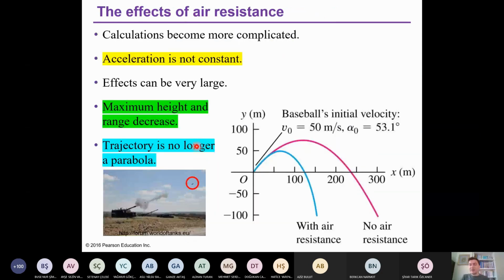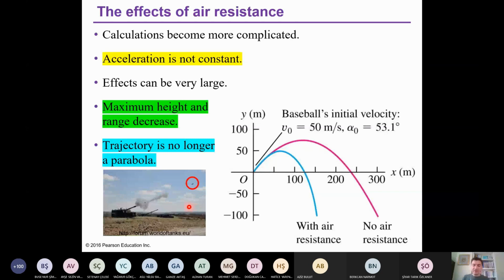But for real applications, for real life, you cannot neglect the air resistance. Otherwise, you will have very bad problems. For example, if you consider this howitzer, fırtına howitzer, this is a projectile, okay? If you neglect the air resistance, then you will have very bad situations.